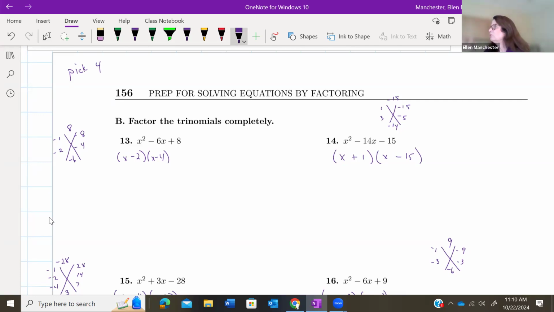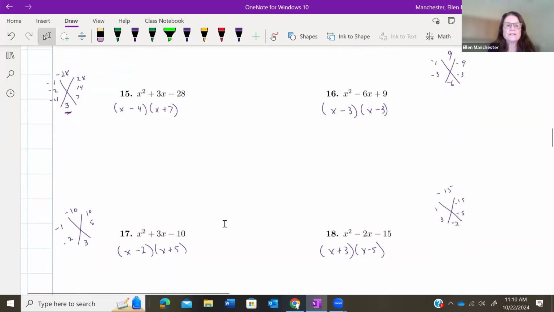Those are the little nuances of positive and negative numbers that force you to really know that when I add two values, I give it the sign of the larger number. On 14, your larger number would be negative. On 15 and 17, your larger number would be positive because you have a positive middle term. Any questions on those?